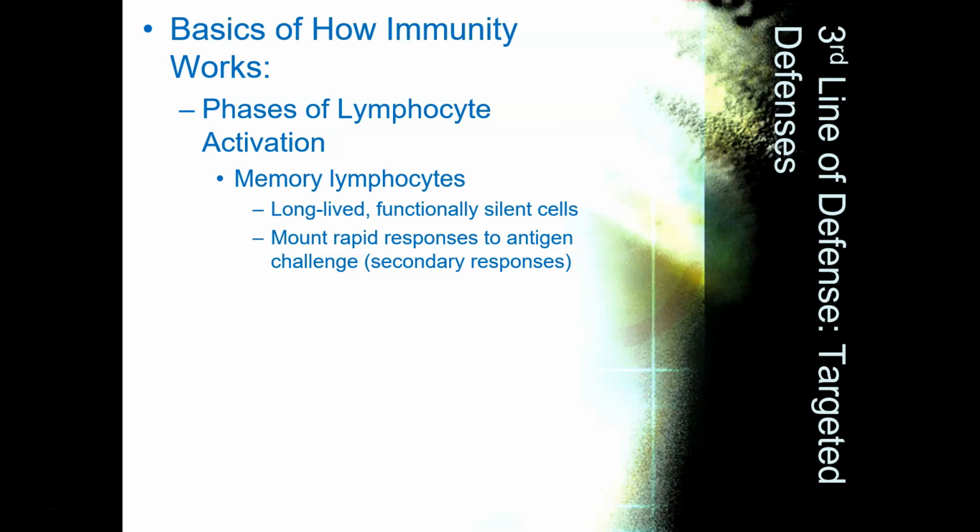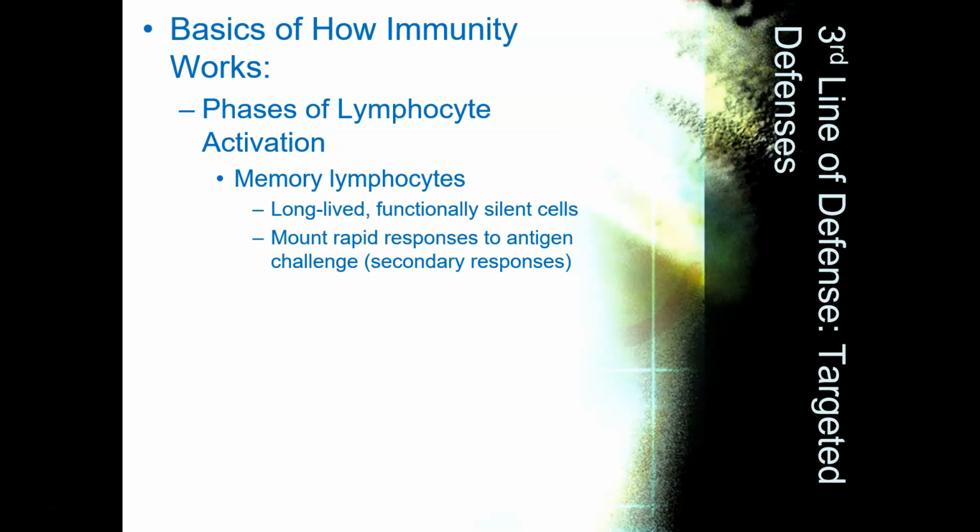And these memory lymphocytes are capable of going through that differentiation and proliferation phase much, much quicker to make those effector lymphocytes the second time or the third time or the fourth time that you come in contact with that same antigen, that same pathogen. And these are the cells that really mount that secondary immune response that we're going to talk about, which is much quicker and much more effective, meaning that a lot of times you don't even feel symptoms when you come across that pathogen again, at least for some period of time.